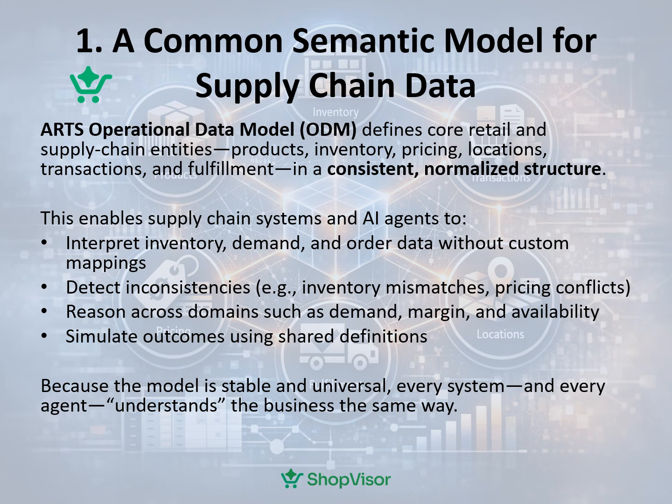It can detect inconsistencies, that is, inventory mismatches or pricing conflicts. It can reason across domains such as demand, margin, and availability. It simulates outcomes using shared definitions. Because the model is stable and universal, every system and every agent understands the business the same way.